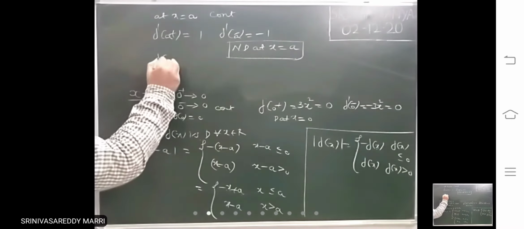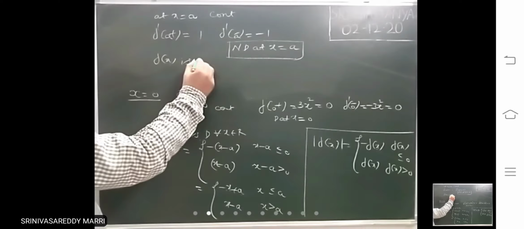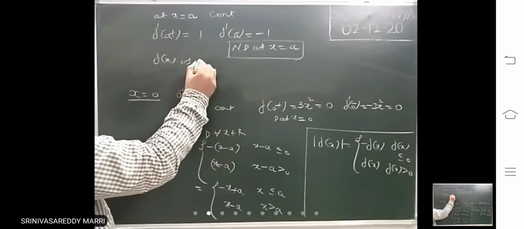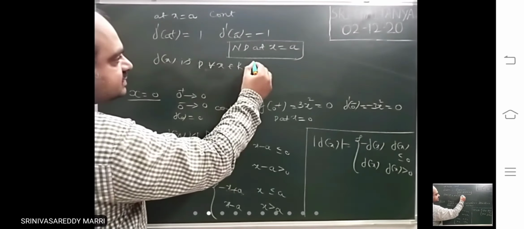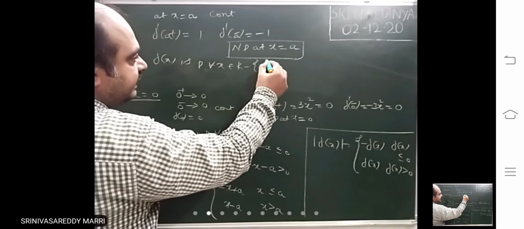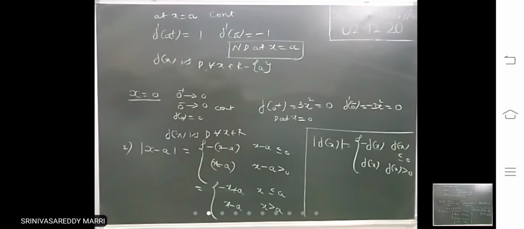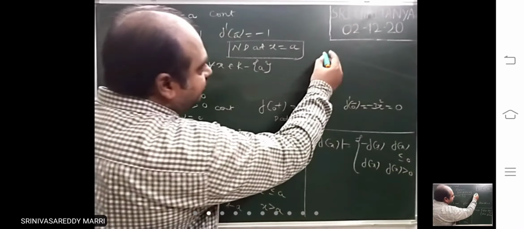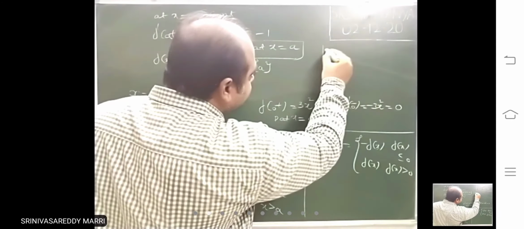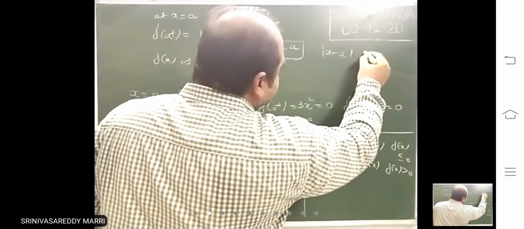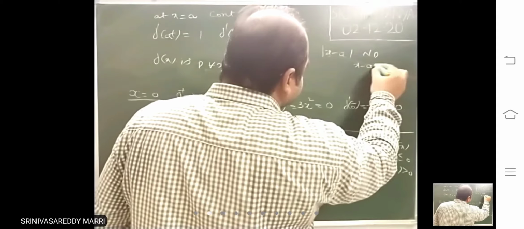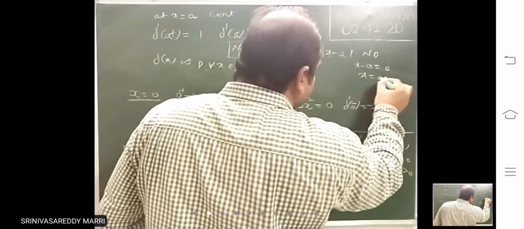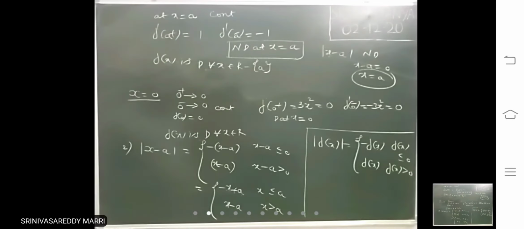That means f of x is differentiable for all x belonging to R minus a. Domain is R, so R minus a. Now look, whenever a modulus function comes, you equate the inside one to 0, and it will not be differentiable at that point, x equal to a.